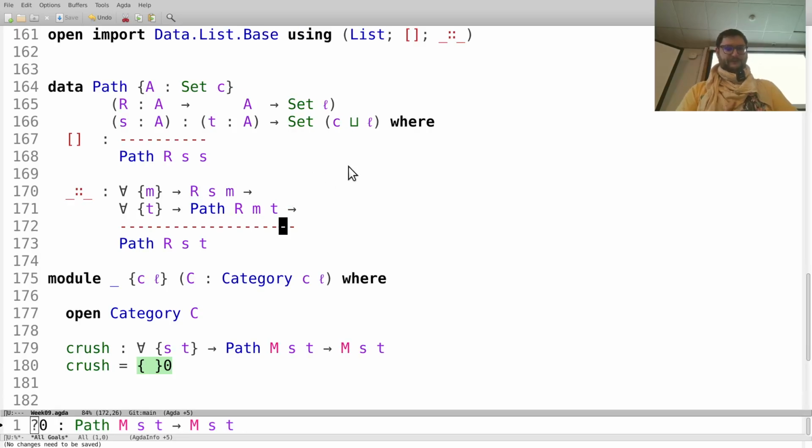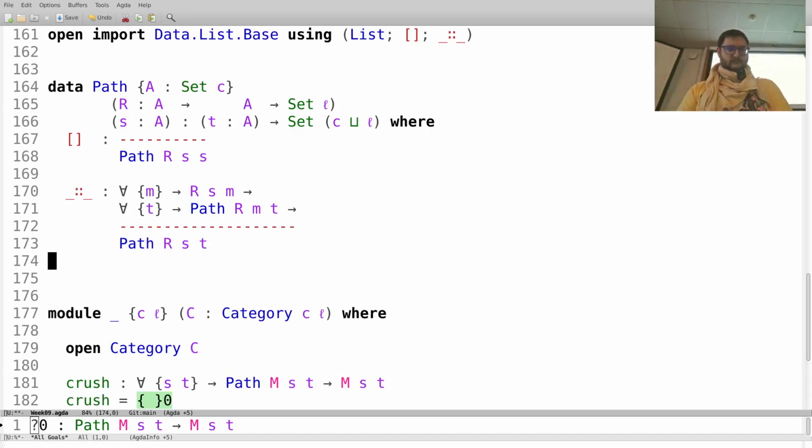So logicians would call this construction the reflexive transitive closure of R. That's to say, you've got all the paths that R gives you, as well as the reflexive path. Now we're going to show that we can concatenate paths together just the way you can concatenate lists.